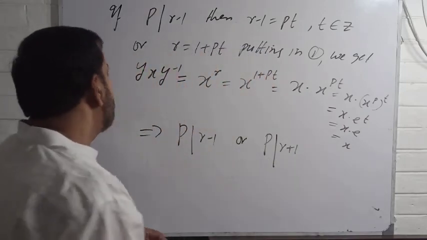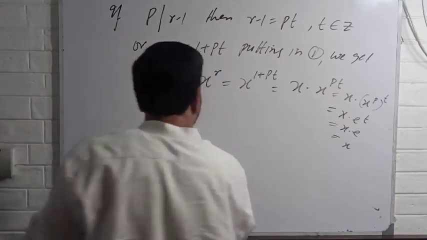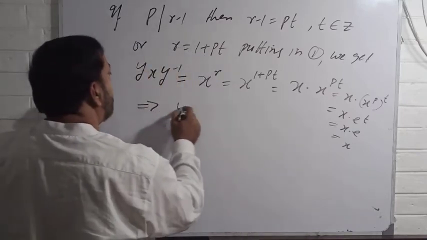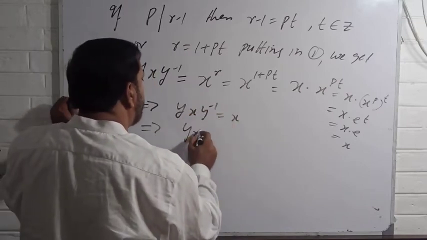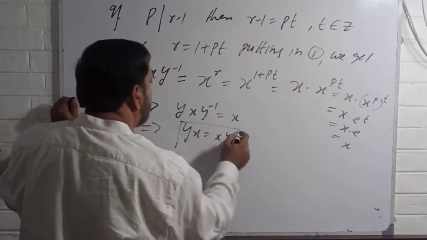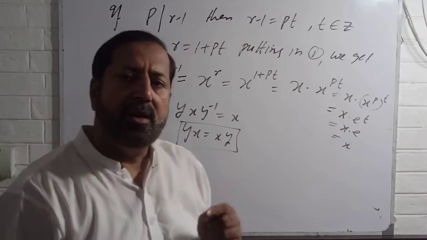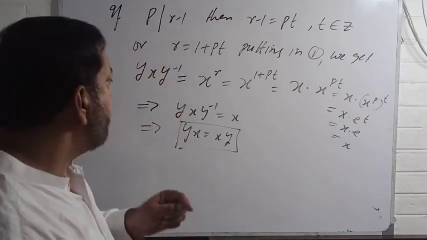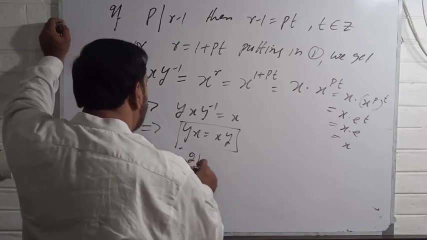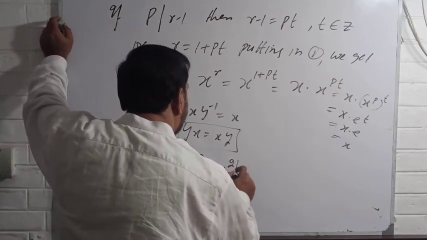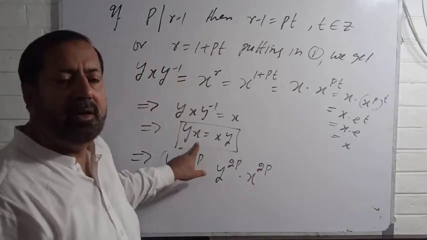Right? So what does it mean? This implies yxy inverse is equal to x. So this implies yx is equal to xy. This means that G is abelian, again by using the commutative property. This implies yx power 2p would be equal to y power 2p x power 2p. This is the same step I have explained earlier, right?